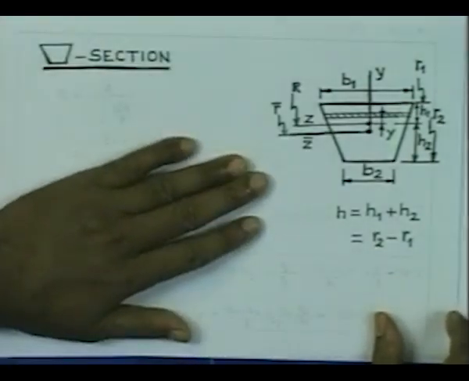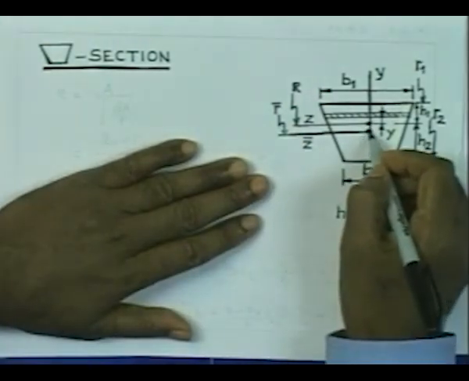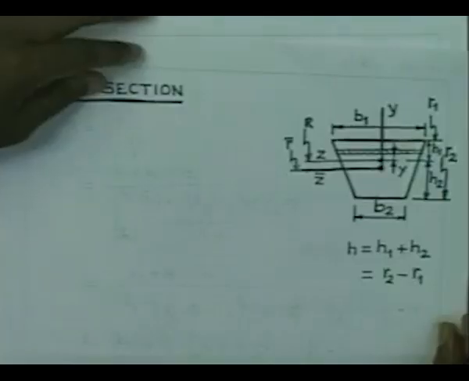In this case, first thing that you have to do is locate the centroid of the cross section, which is very easy. I will not go into doing that, but let us calculate the radius of curvature r of this cross section.